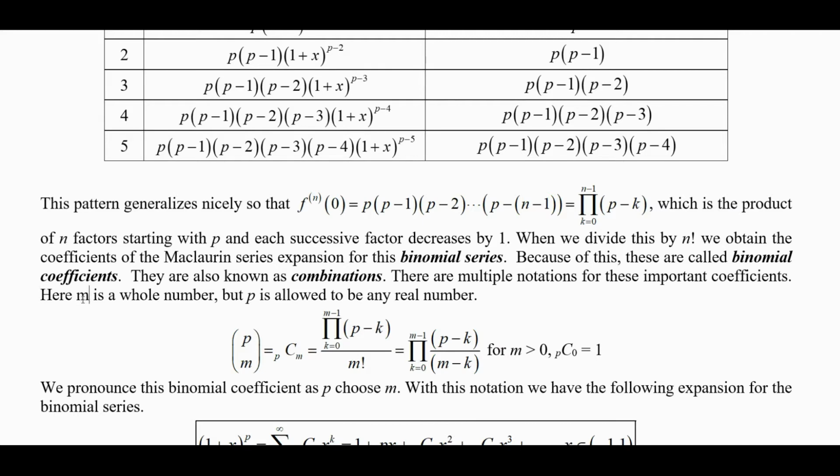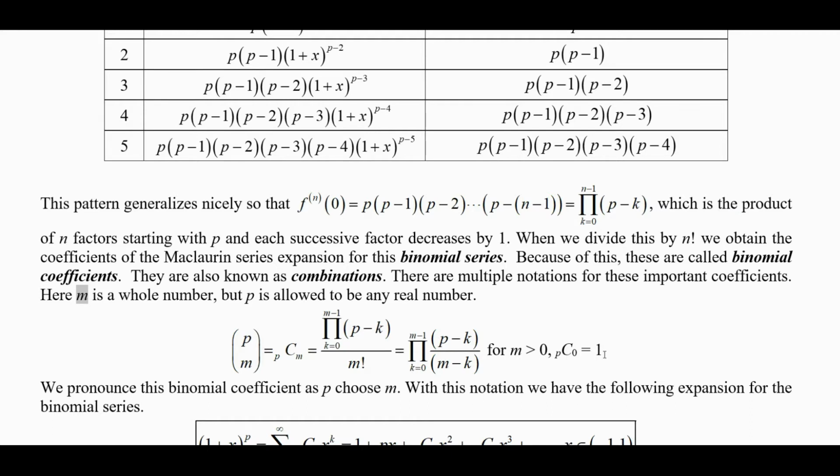Here n is going to be a whole number, but p is allowed to be any real number, not just a whole number. Now, in some contexts, we apply this where p has to be a whole number bigger than n, but in this context, we're relaxing that and letting p be any real number.